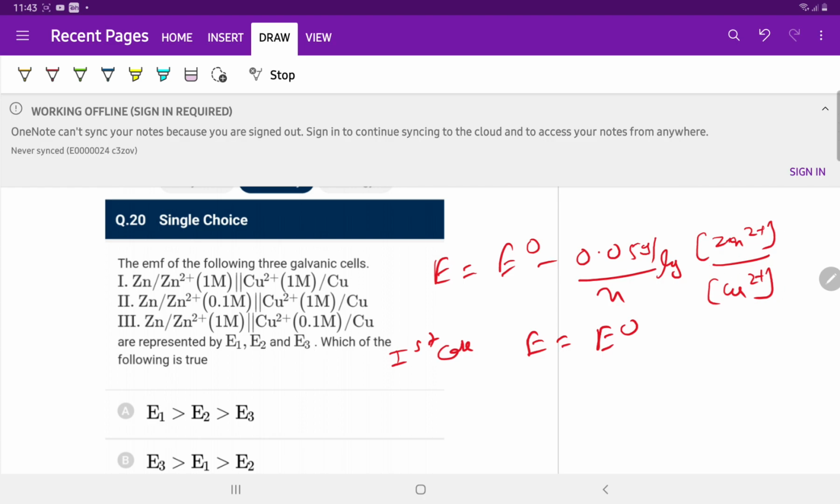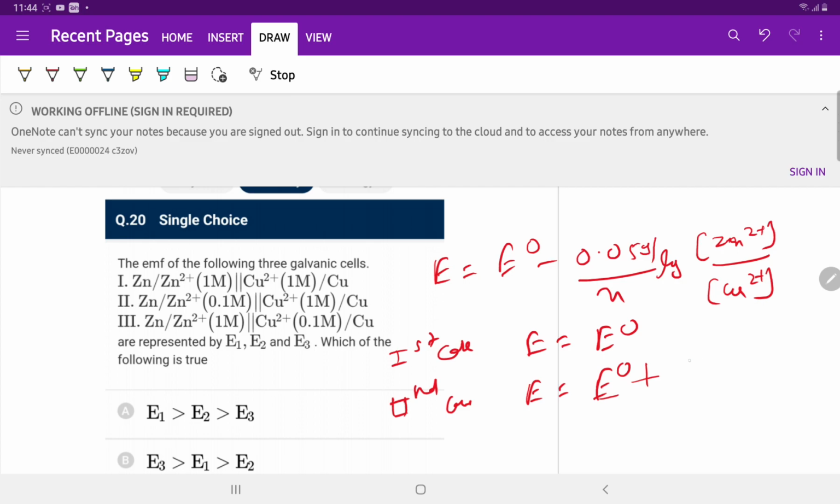So E cell is equal to E naught of cell. In second case, 0.1 upon 1, so 0.1. So E cell is equal to E naught minus 0.0591 log 0.1, log 1 by 10, log 10.